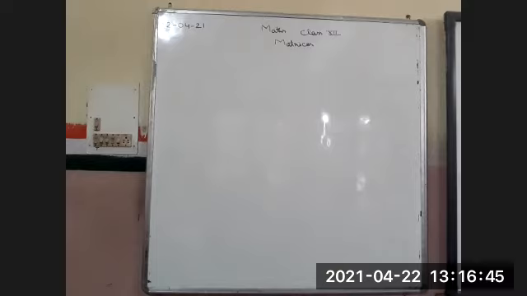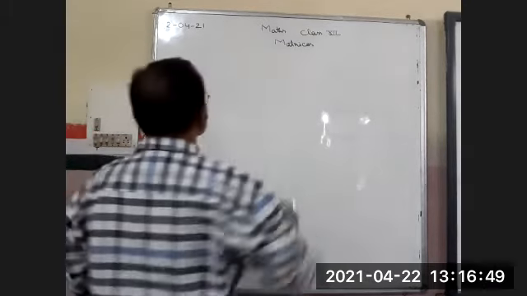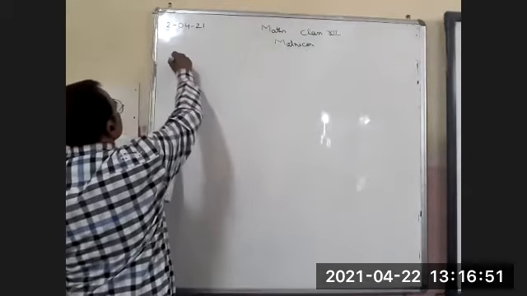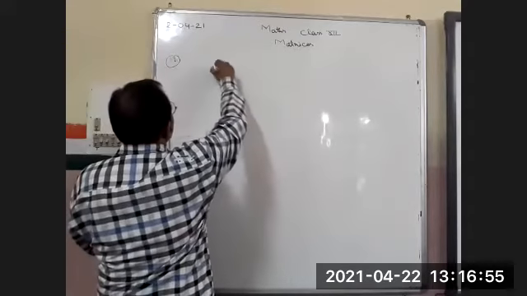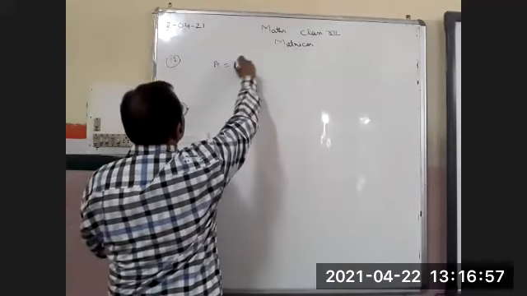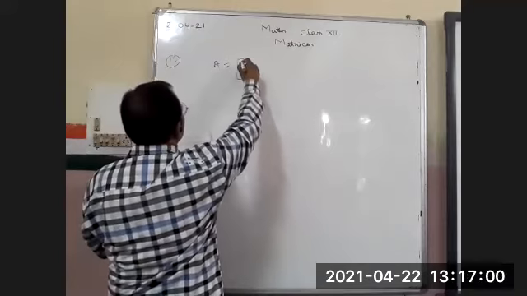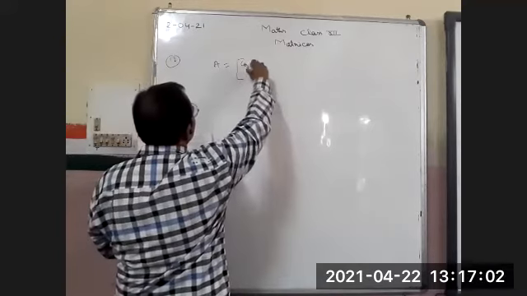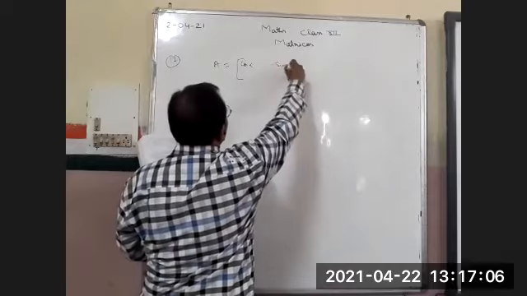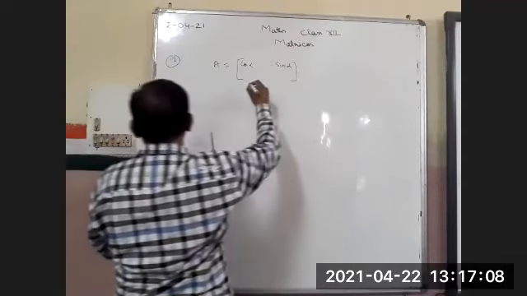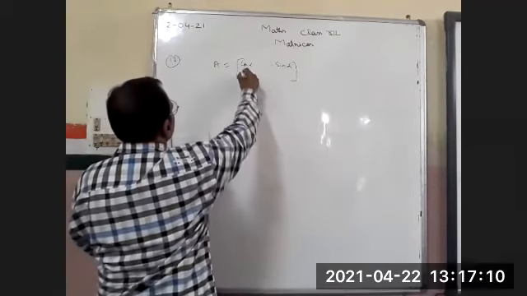Then question number 12. A is a matrix whose elements are cos alpha, minus sin alpha, sin alpha, cos alpha.